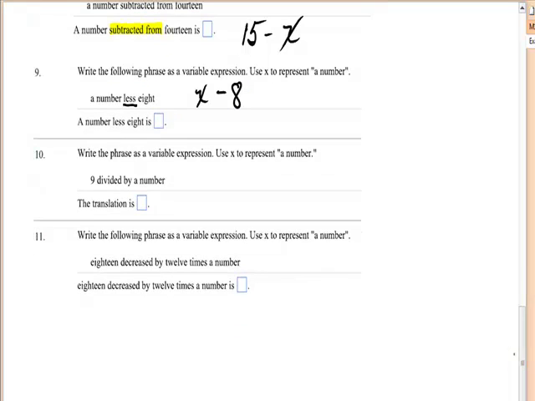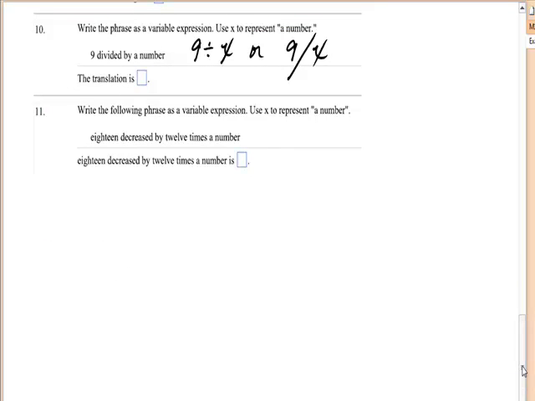Number 10, 9 divided by a number. So it is division. 9 divided by a number, written either way. Number 11, 18 decreased by 12 times a number.